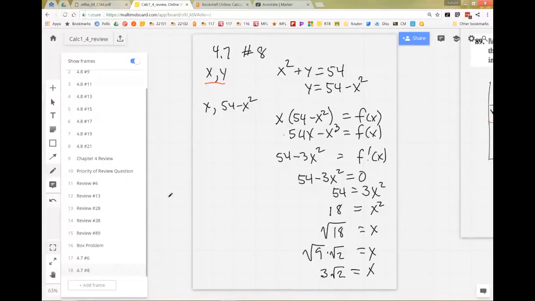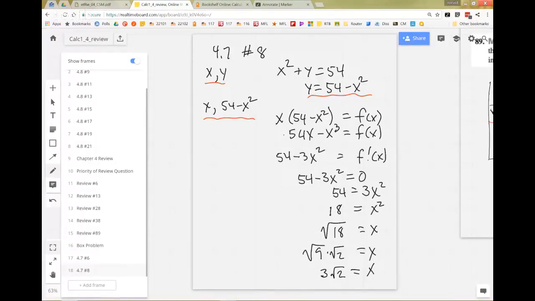And so now we just need to get another name for Y. So we solve this for Y. We subtract X squared from both sides. So now our two numbers are not X and Y, but X and 54 minus X squared. And now you can finally set the problem up.